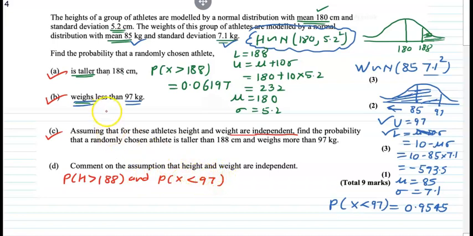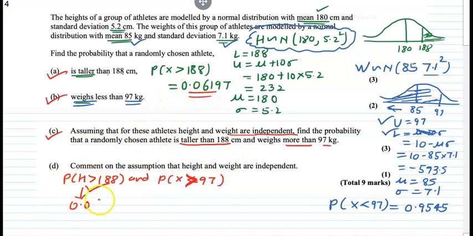Find the probability that a randomly chosen athlete is taller than 188 and weight more than 97. So this should be more than 97. This value we have already found, that is 0.6197 from here.